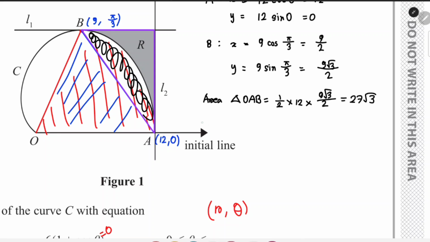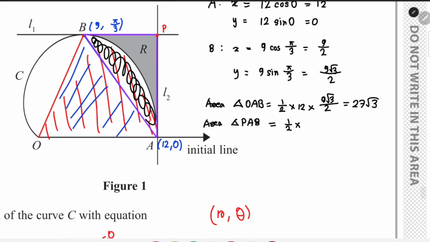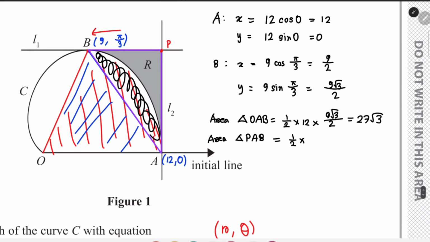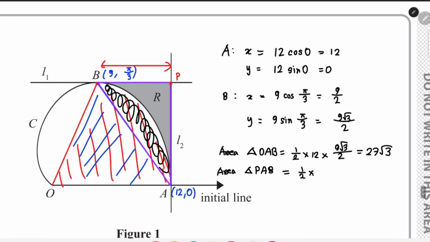And I'll name this point P for convenience. So area of triangle PAB is half times the base. The base of this triangle is this distance over here.